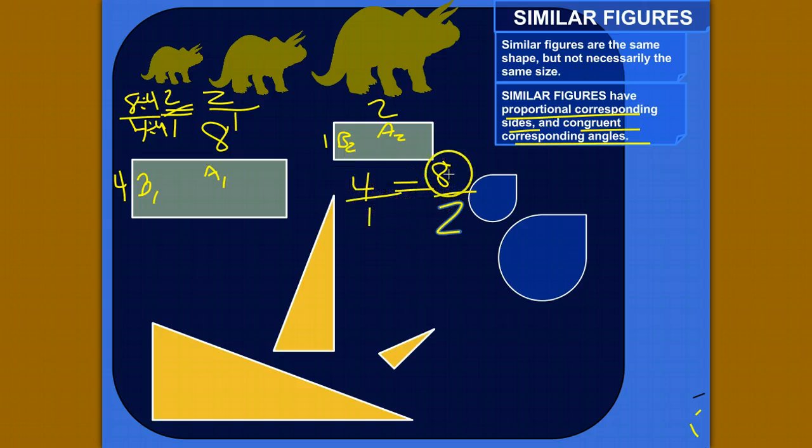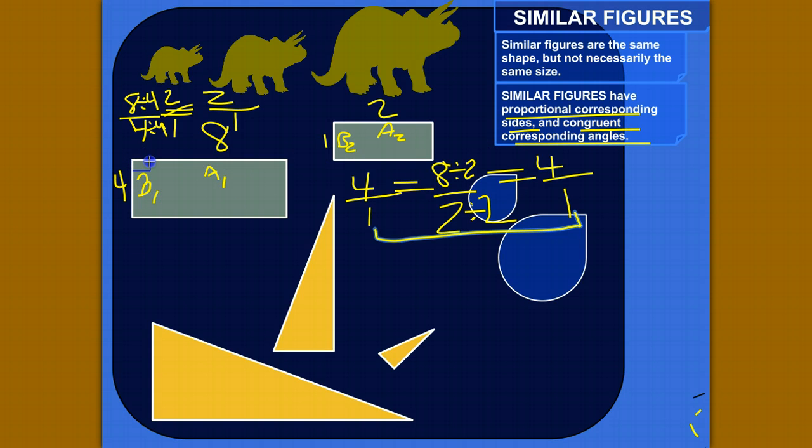This is as reduced as it gets, but you could take a 2 out of both of these. Messing up my pretty teardrops here. I was kind of proud of those. 8 divided by 2 is 4. 2 divided by 2 is 1. So yeah, same thing. And so they have proportional corresponding sides and congruent corresponding angles.